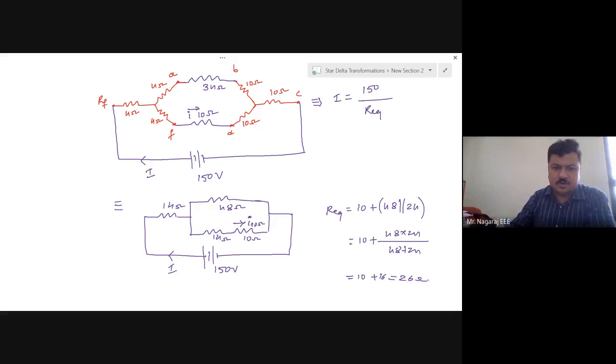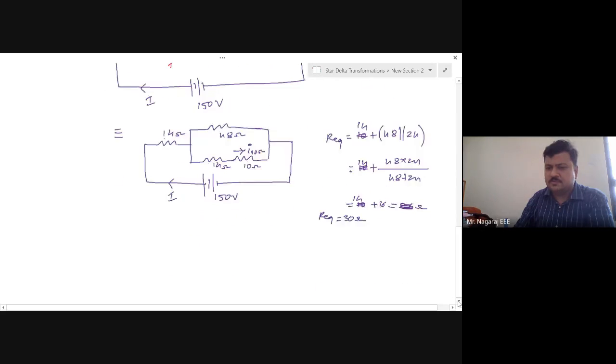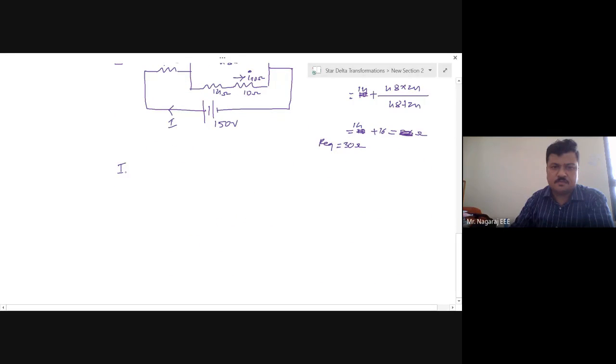Sorry, not 10 plus, it is 14 plus. This is 14, 14 plus the parallel combination of this. So this R equivalent is 30. Therefore, I is 150 by 30, 5 amps.